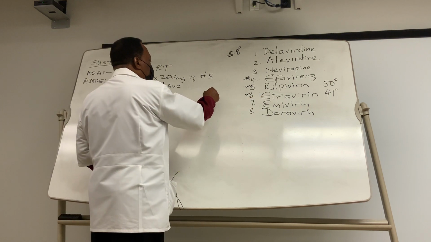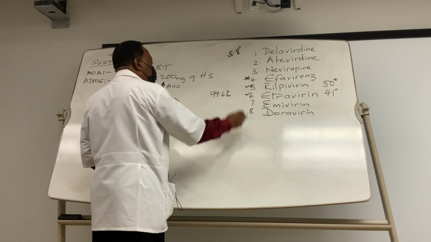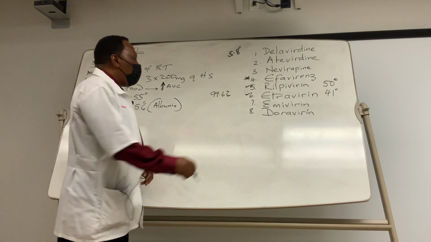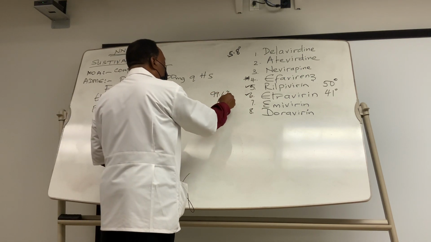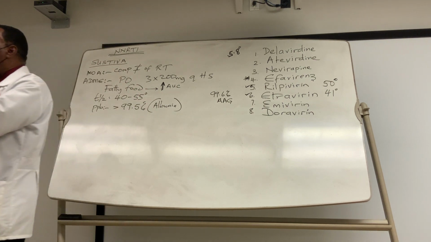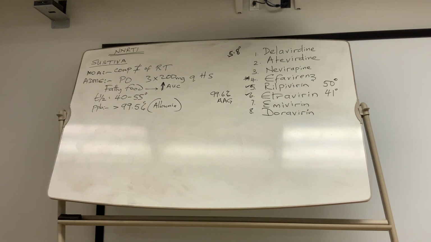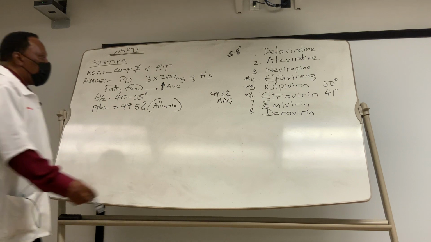Etravirine is about 99.6% plasma protein bound, but it binds to alpha acid glycoprotein instead of albumin.